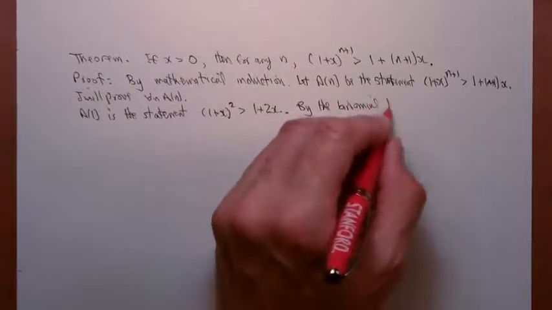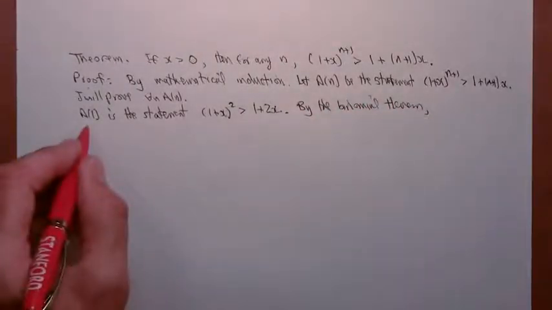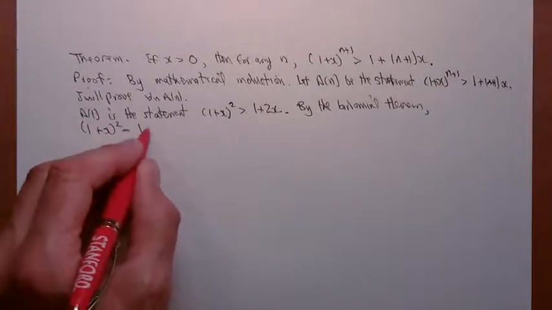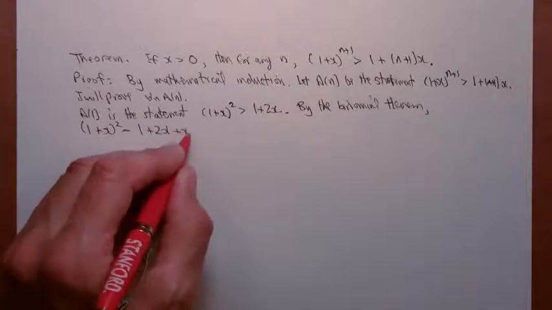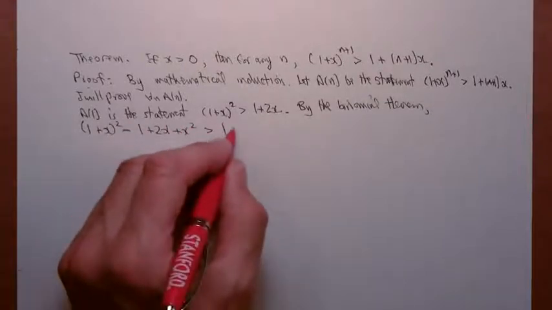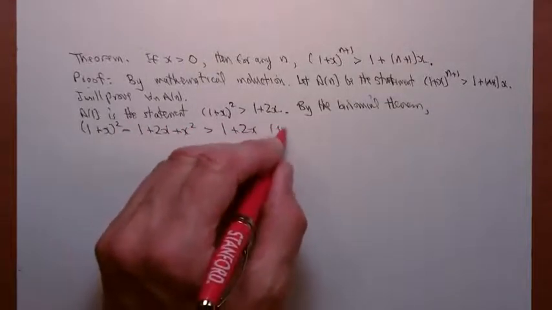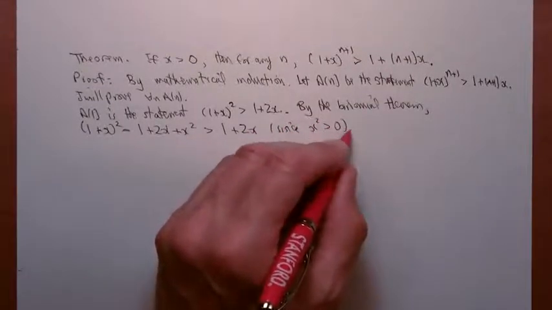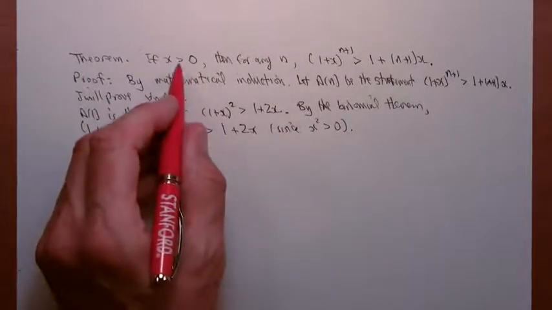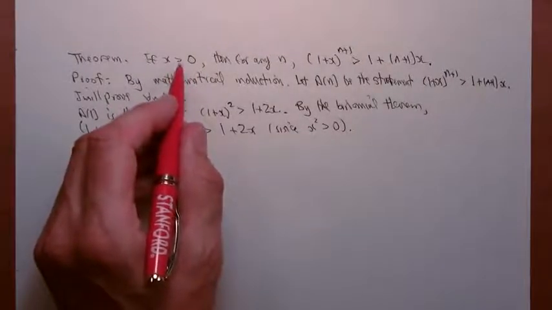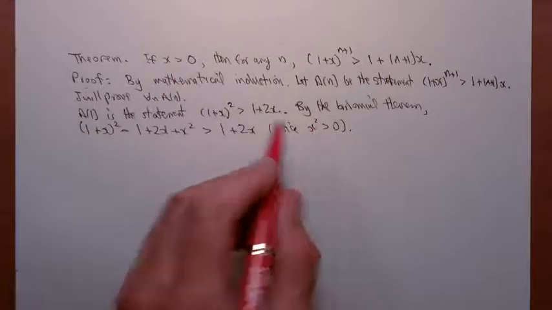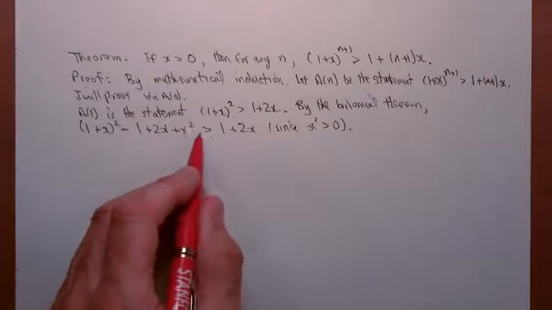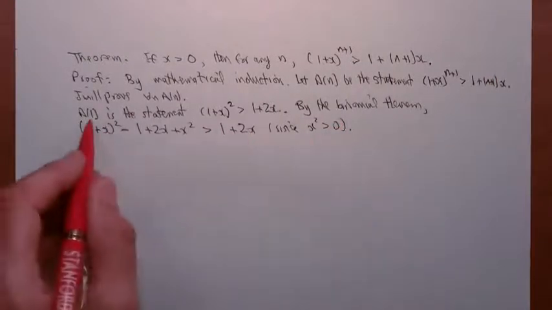It's true by the binomial theorem, which tells us that (1 plus x) squared is equal to 1 plus 2x plus x squared, which is bigger than 1 plus 2x, because x squared is strictly positive. Notice that x is positive, so in particular x is non-zero, hence x squared is strictly positive, hence we have a strictly positive term here, hence that expression is strictly bigger than 1 plus 2x. So A of 1 is true.